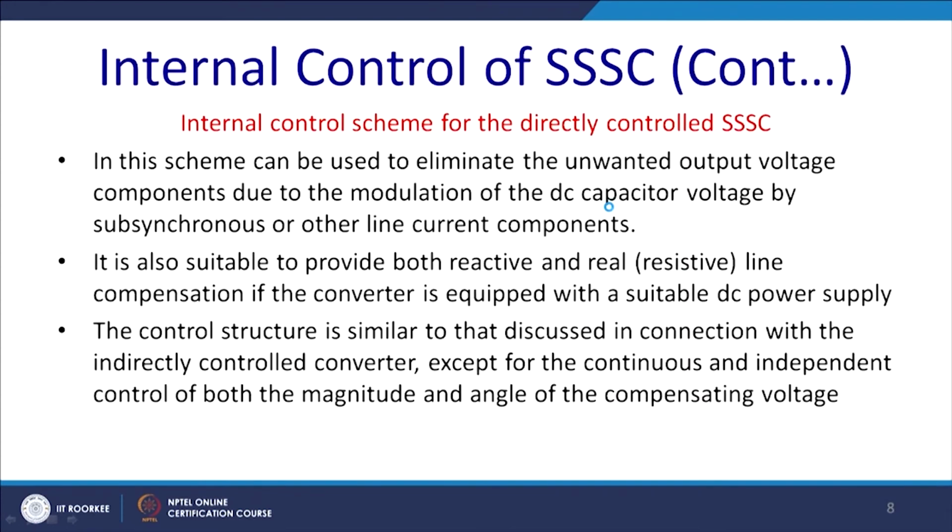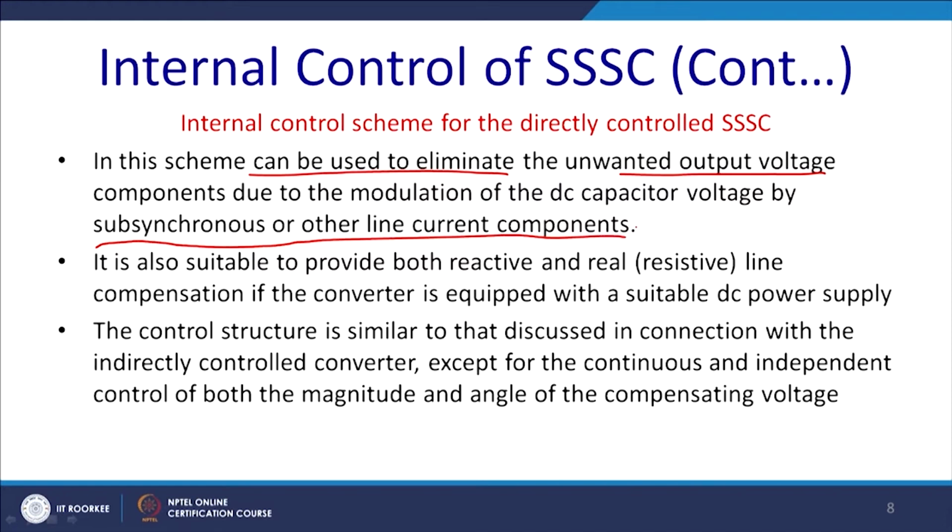So, from these discussions of the internal control technique, we can conclude this scheme can be used to eliminate the unwanted voltage component due to the modulation of the DC capacitor voltage by subsynchronous or other line components.